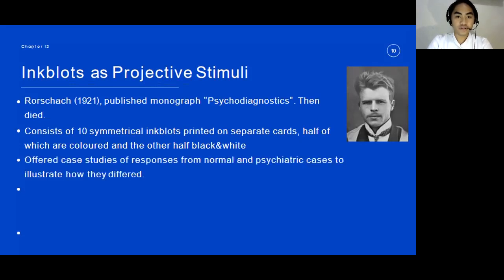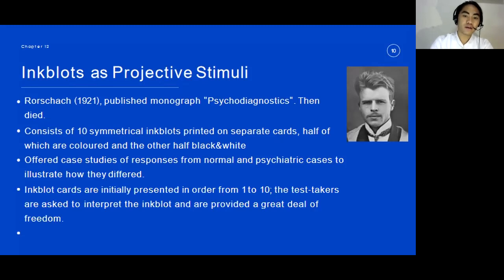He offered case studies of responses from normal, healthy people, so the non-clinical, and then from psychiatric cases to illustrate how they differed. There's a special name for this, empirical criterion keying, which differentiates between a healthy group and a psychiatric group.